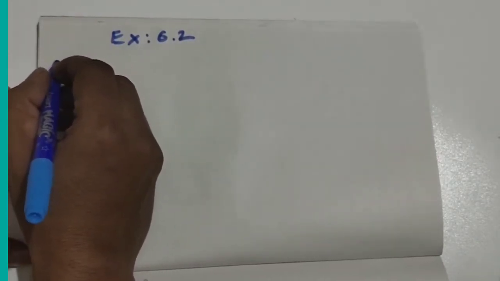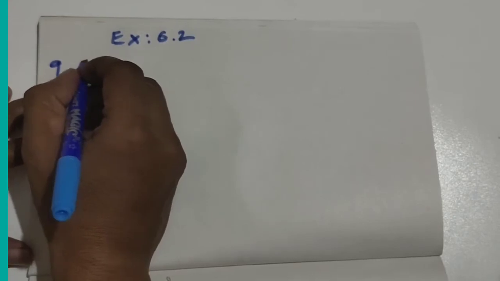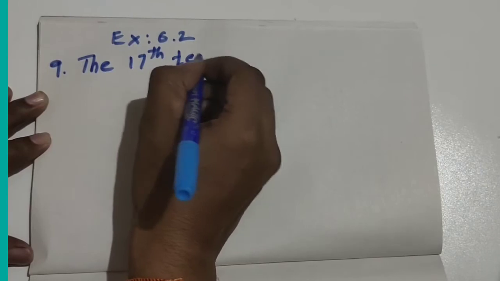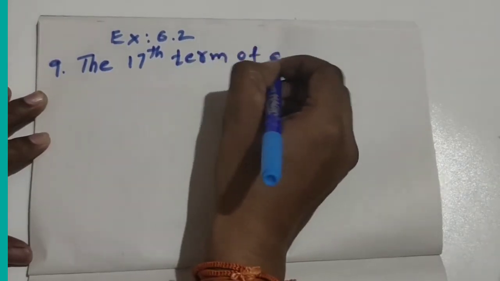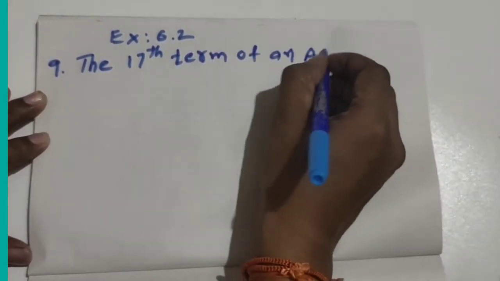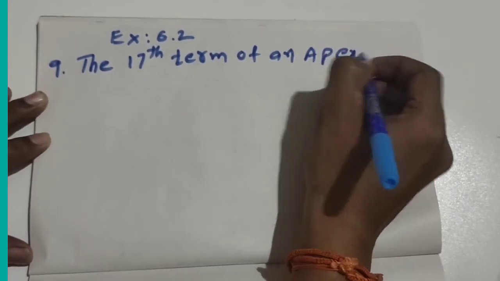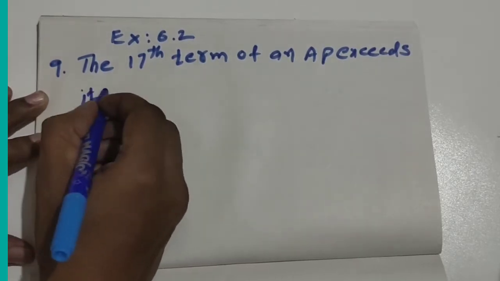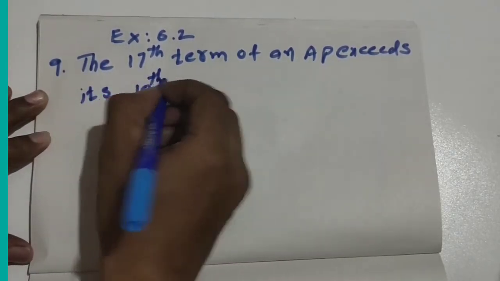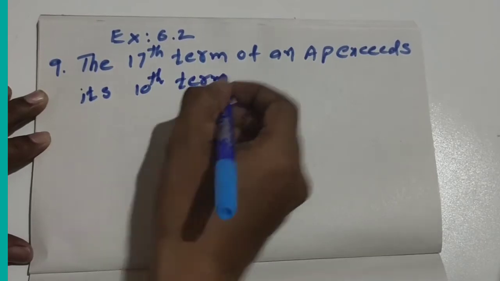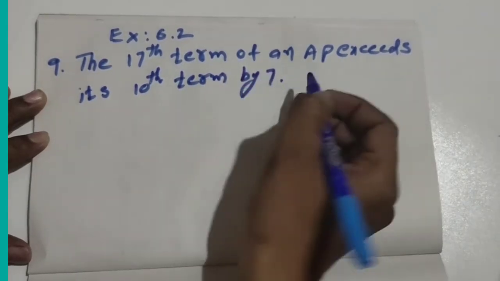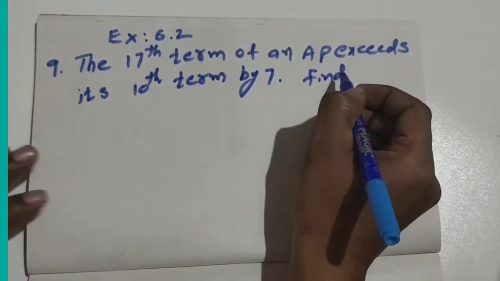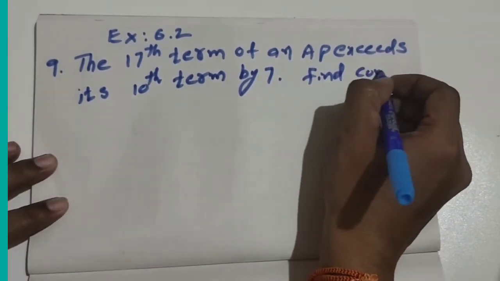So here, the 17th term of an AP exceeds its 10th term by 7. Find the common difference.